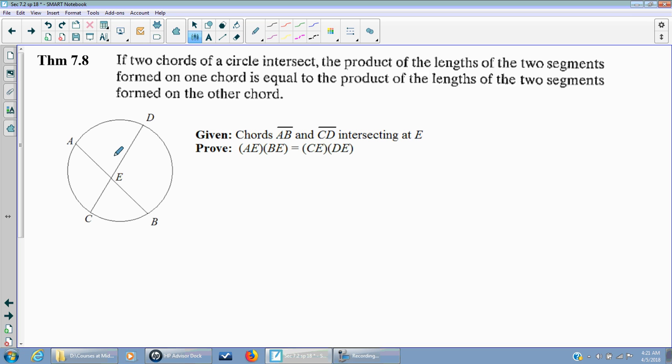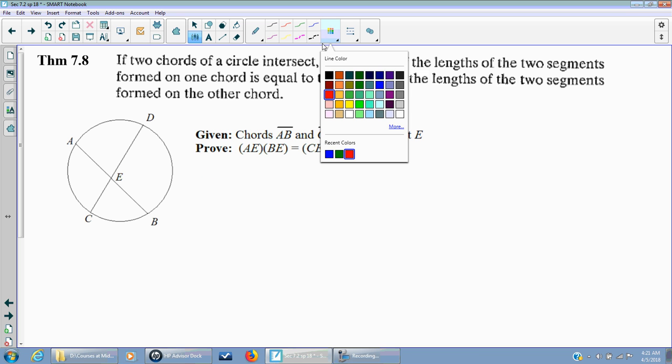This is actually a similar triangle type problem. So let's start by making us some triangles here. Let's start my proof. But I don't want to do red. Let's pick a different color here. Let's work in green for a little while.